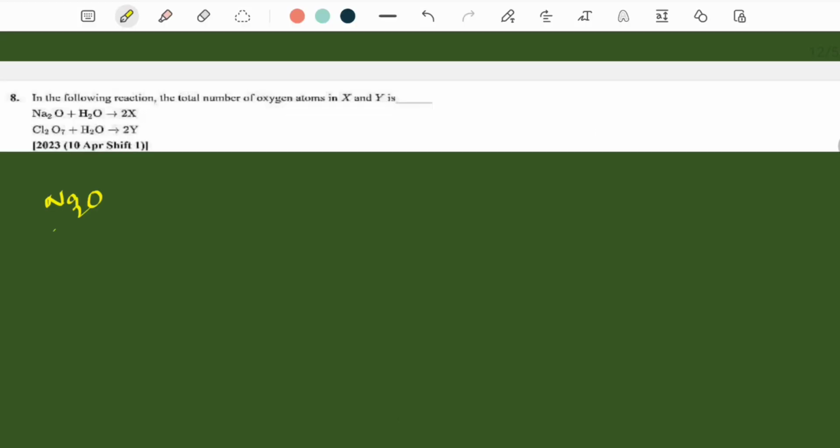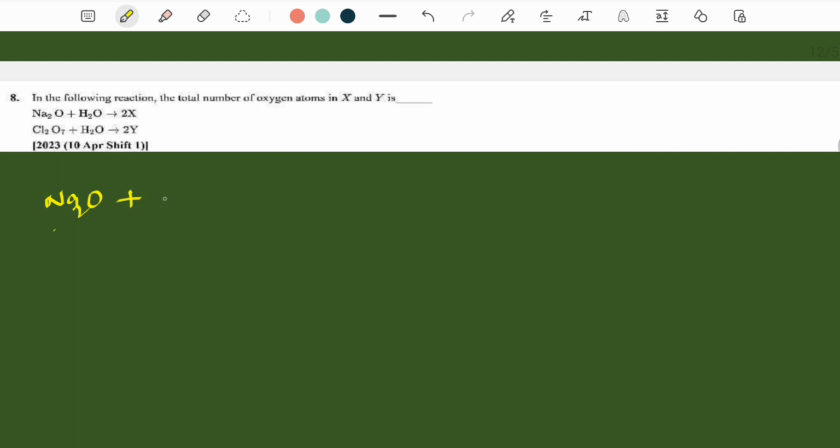Have a look at the next question. In the following reactions, find the total number of oxygen atoms in X and Y. Na2O plus H2O gives 2X. Cl2O7 plus H2O gives 2Y. Let's first balance the two given chemical equations.